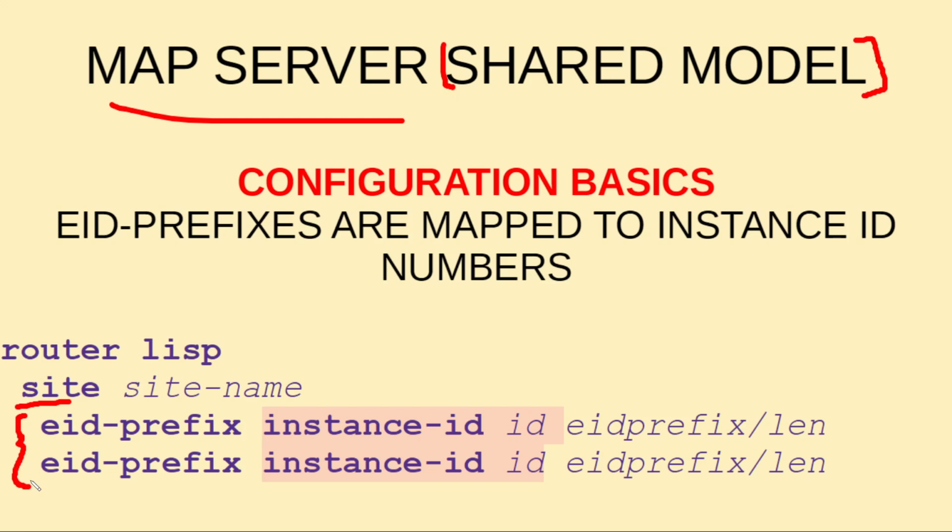However, the only thing that changes is that we are going to add this parameter, instance ID, for each endpoint ID. That is the only difference or the only change that we are going to see when configuring map servers for the share model.